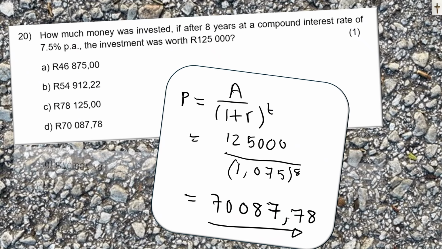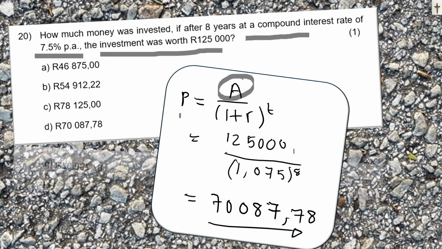Right, number 20. How much money was invested if after 8 years at a compound interest rate of 7.5% per annum, the investment was worth 125,000? So we want P. What is the amount invested if it's worth 125,000 in the future after 8 years at 7.5%?